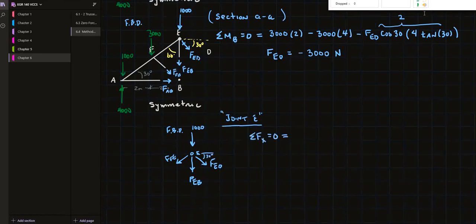So summing forces in the x direction, I've got force ED cosine of 30 minus force FE times the cosine of 30. Of course, these cancel. So force ED equals force FE. That's kind of apparent based on that chart.